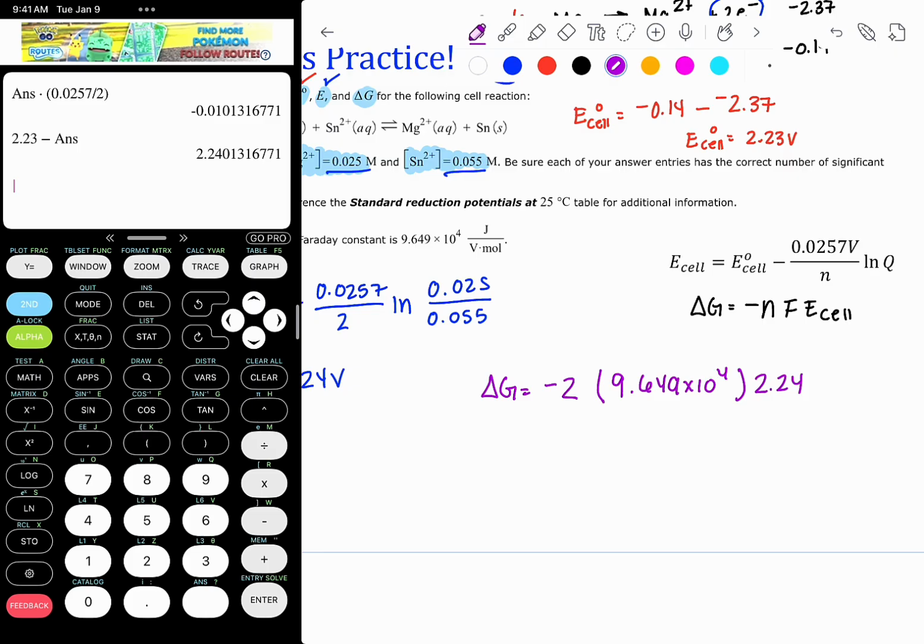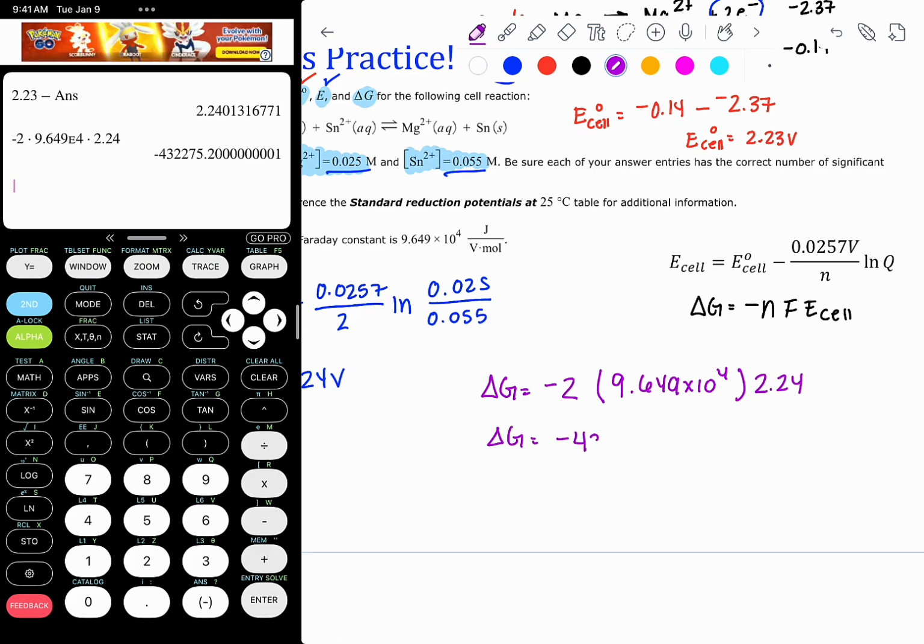So, negative 2 times 9.649 times 10 to the 4 times 2.24. And that's going to give us delta G is equal to negative 432,275.2 and some change. And that's specifically in joules.